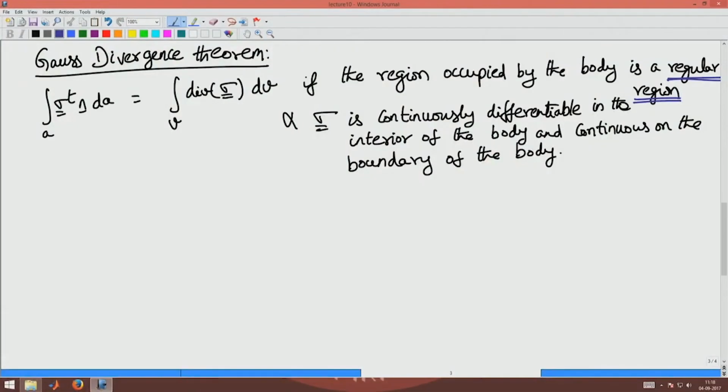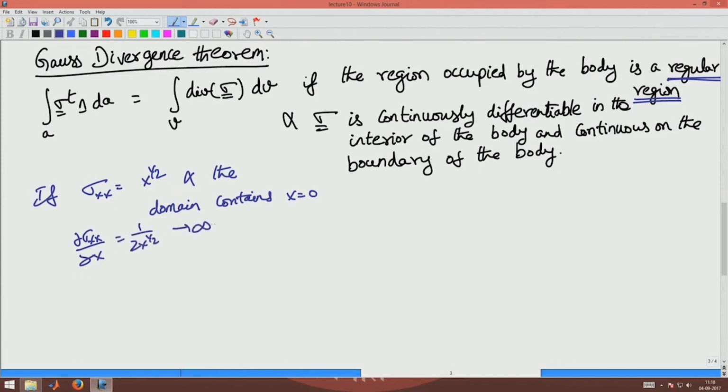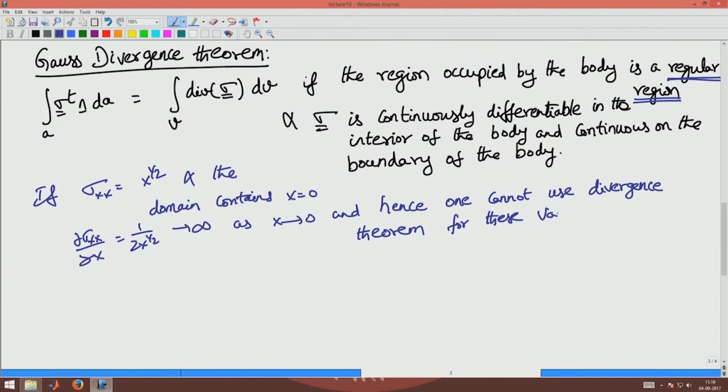Okay. In particular, what it means is, if sigma xx were to be given by x power half and the domain contains x equal to 0, then dou sigma xx by dou x is 1 by 2 x power half, which tends to infinity as x tends to 0, and hence one cannot use the divergence theorem for these variations of sigma xx.